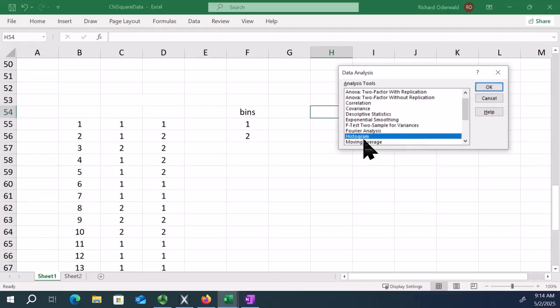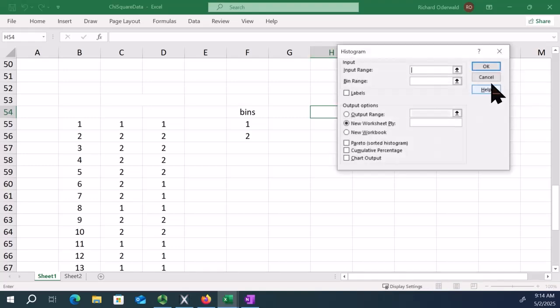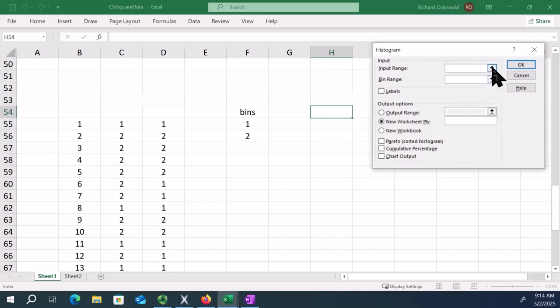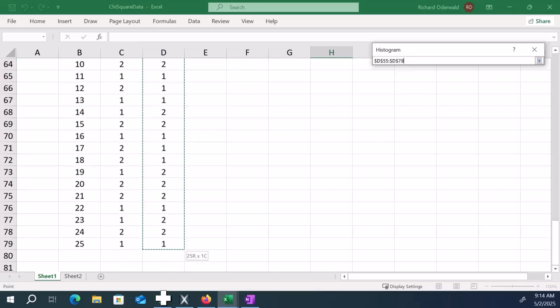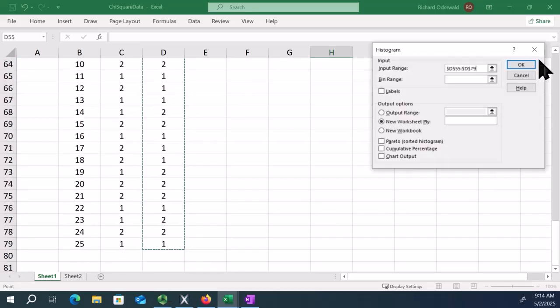It's a little more freehand. Click OK. The input range for our histogram is our static numbers, our list of coin flips that doesn't change.